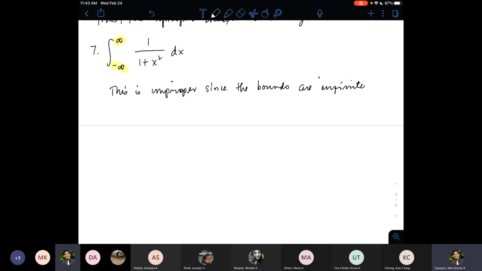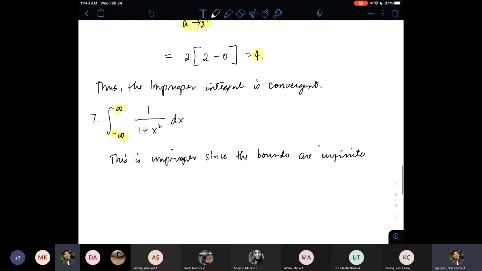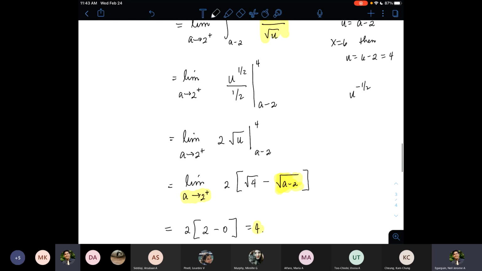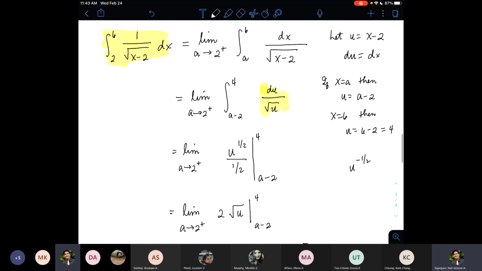So if that's the case, you need to split the integral up into two pieces, because the technique that we used, say, in the previous problem, only works when there is only one cause of discontinuity in the integrand, right? Because you replace the number by another variable and take the limit.